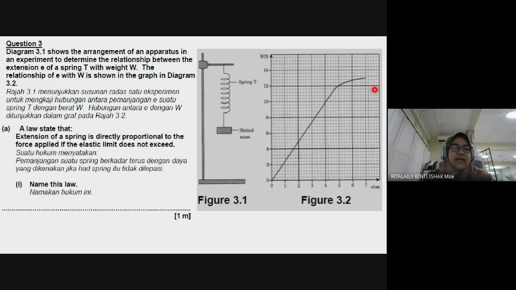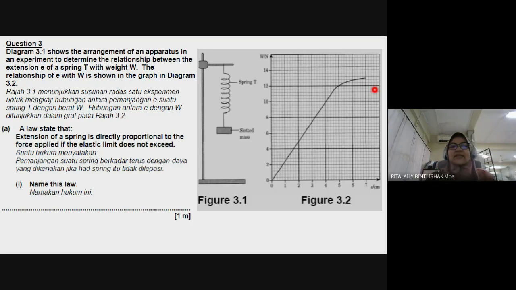The law states that extension of the spring is directly proportional to the force applied if the elastic limit is not exceeded. So, what is the name of the law? Hooke's law. Okay.